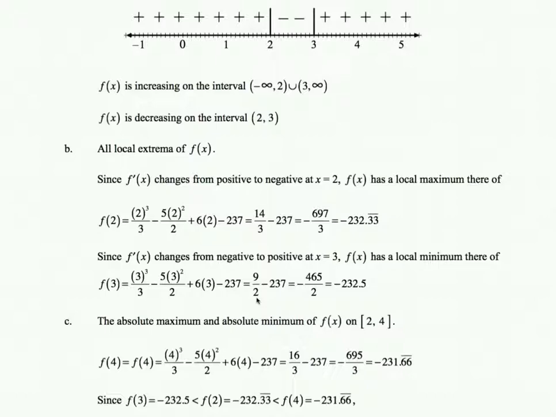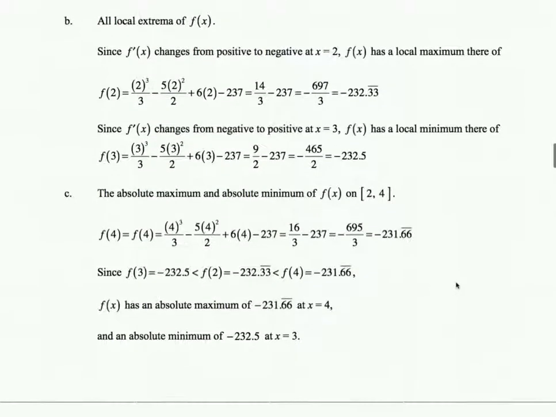You subtract 237 from 9 halves, you get negative 465 over 2. And so that value is then negative 232.5. That is the value of your local minimum, the function value of the local minimum.